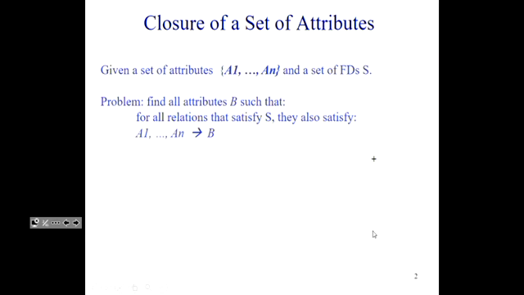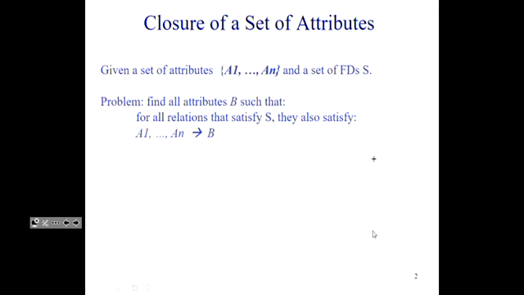And one of these things that we looked at was the aspect of closure. So this is a concept that we studied where given a set of attributes and a set of functional dependencies, you want to find all other attributes that are inferred or derived or implied given this set of attributes, right?